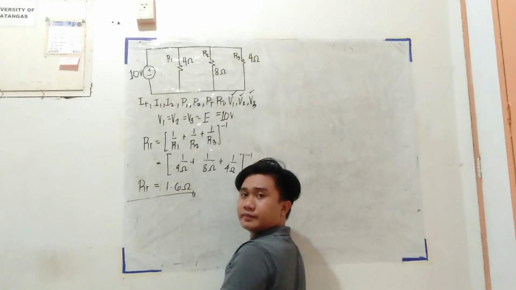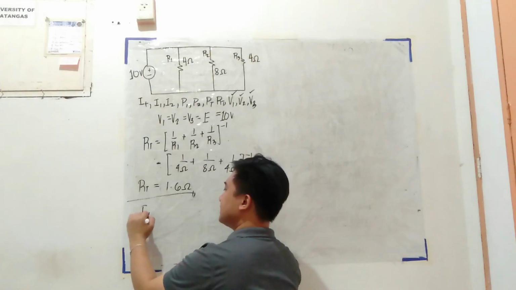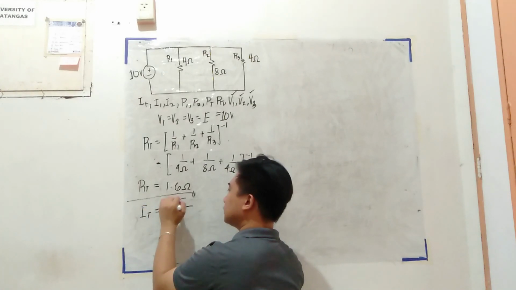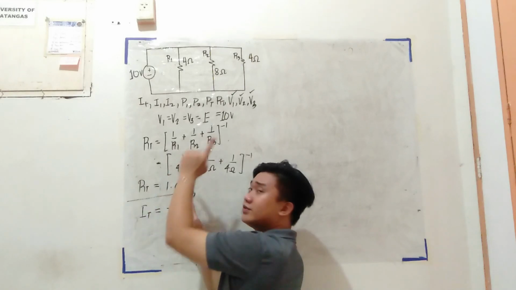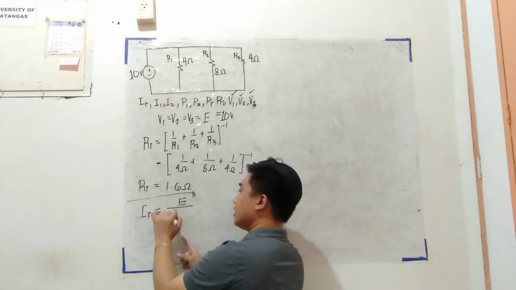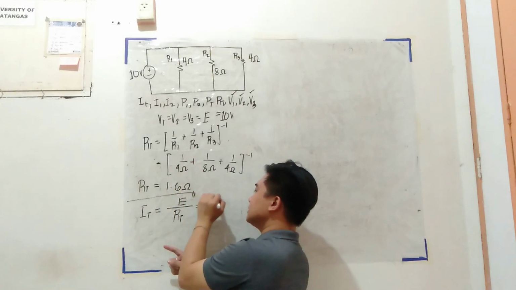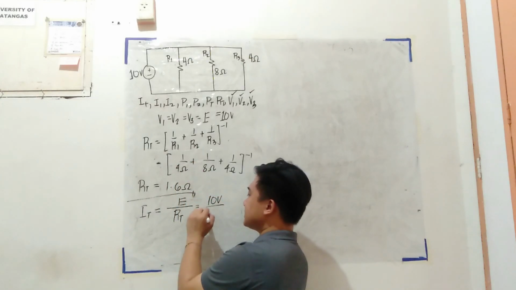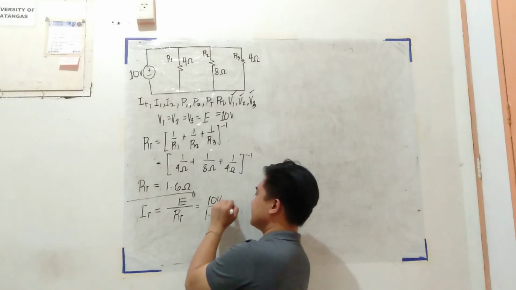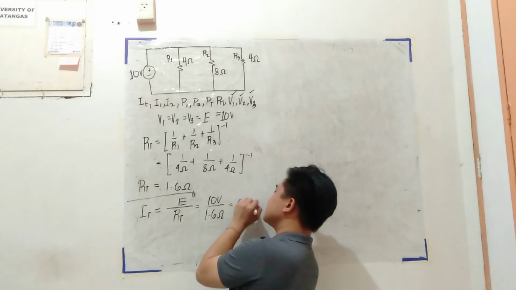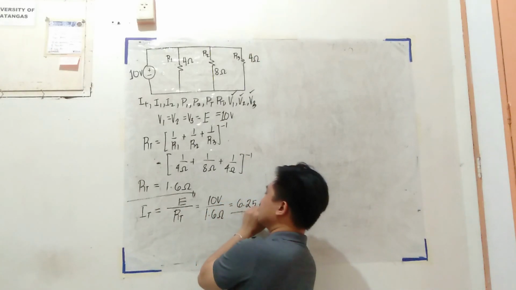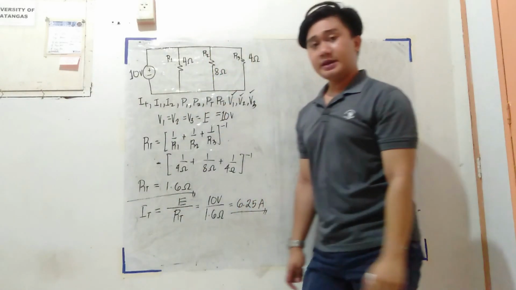Okay? So, to get I total naman, that is just equal to the total voltage or your supply voltage over the R total. So, your supply voltage is equal to 10 volts, while your R total is equal to 1.6 ohms. And this is equal to 6.25 amperes. Okay?